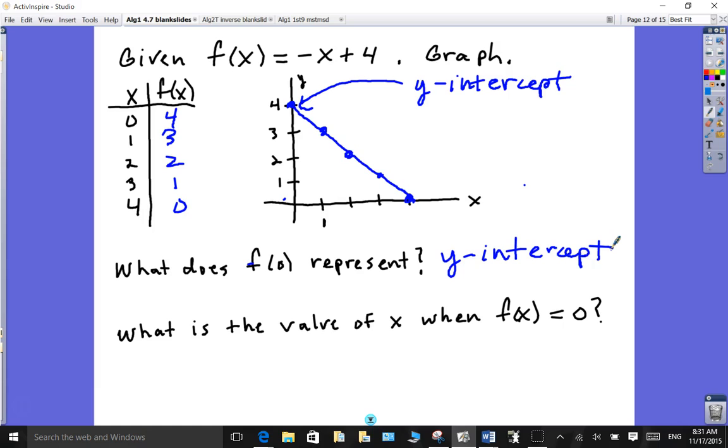So what point is that on the graph? It's the x-intercept, right? It's called an intercept, right? So in this case, it's called the x-intercept, right? That point right there, where this line crosses the x-axis, that is called an x-intercept.